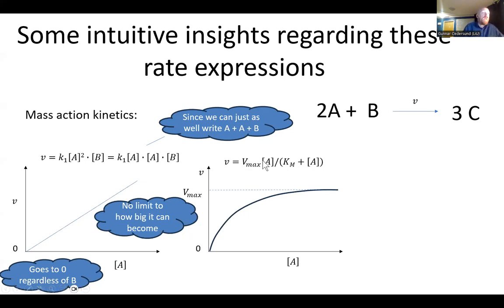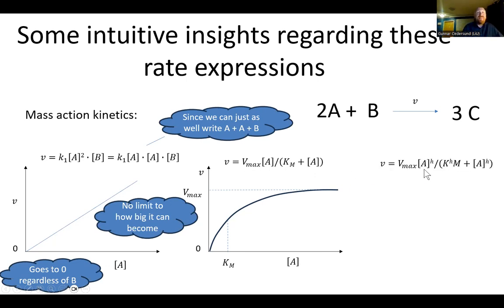So when A and Km are the same, then the rate is half Vmax. So when A here is at Km, whatever value that is, then you have half the maximum rate. So that's the interpretation of these two parameters.